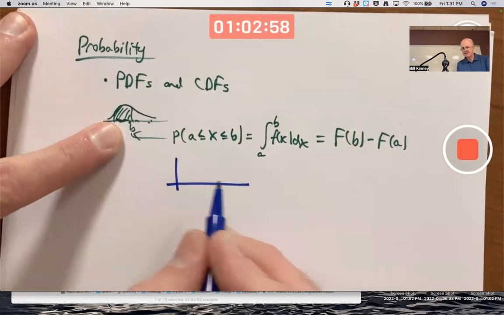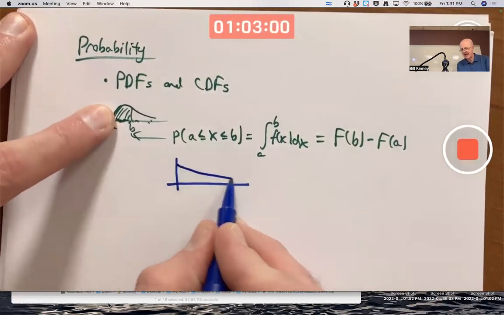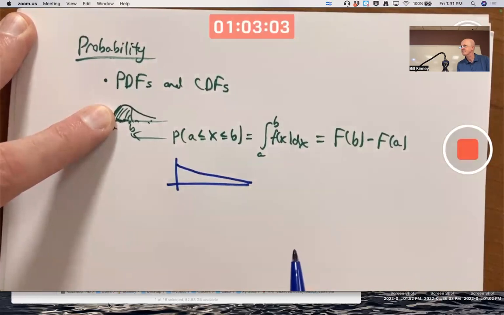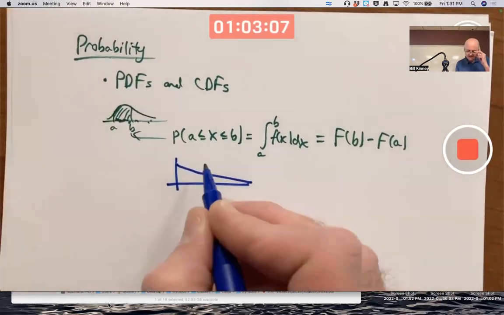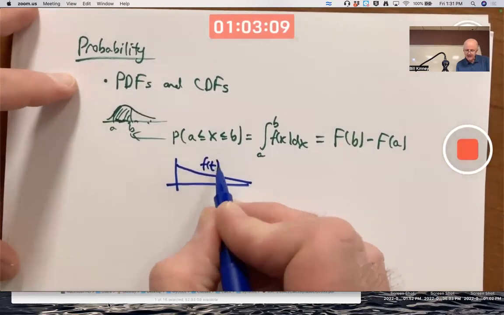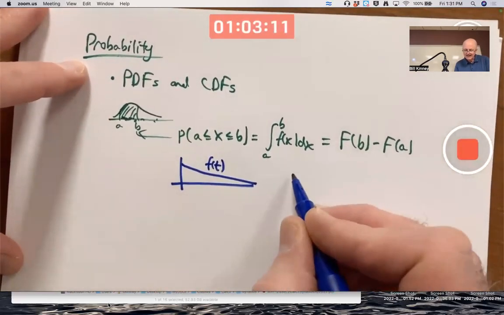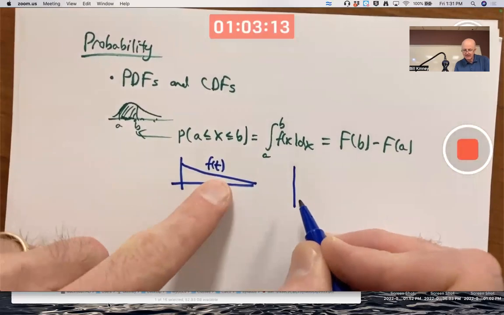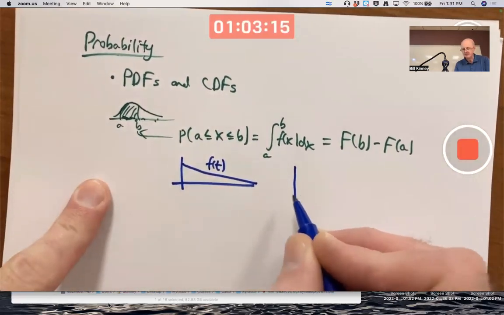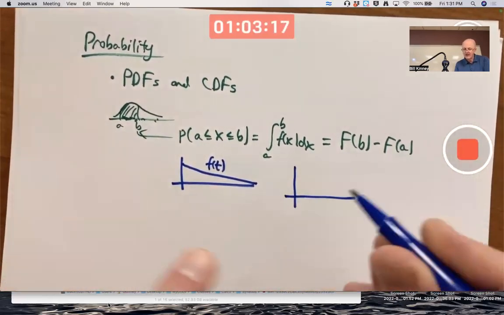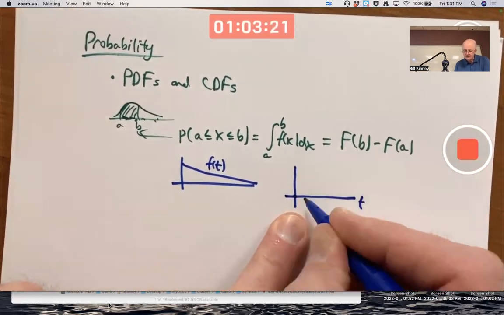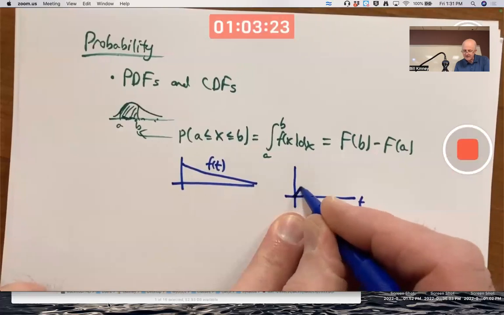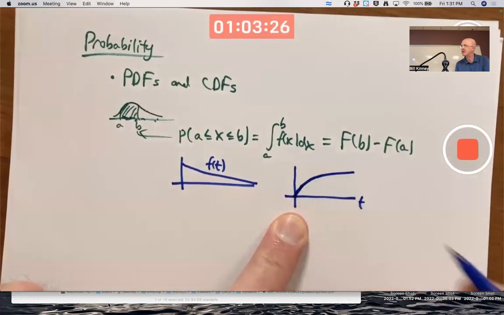We used a probability density function that was an exponential decay, like that. And this is the little f of x, or little f of t, say. In that situation, the variable t can't be negative. And you'd want your CDF to start with a value of 0 when t is 0. The CDF would have a graph that goes to the origin in that situation. It would look like this.